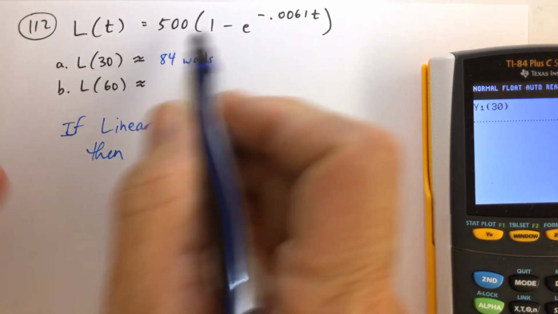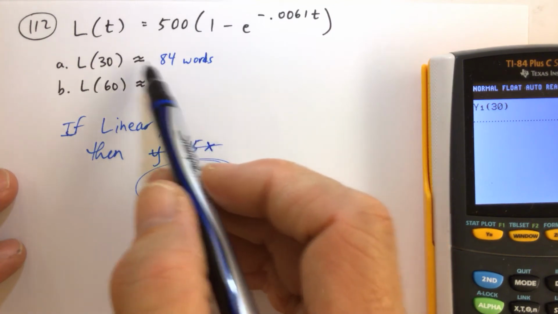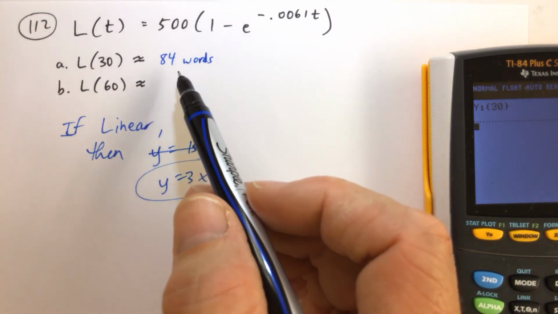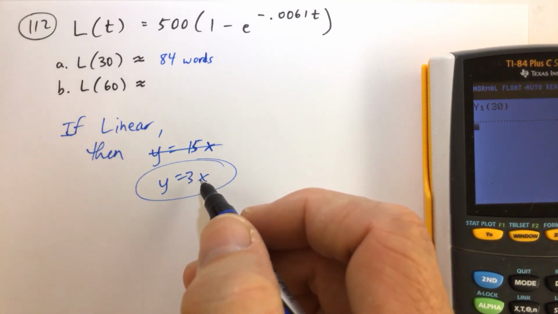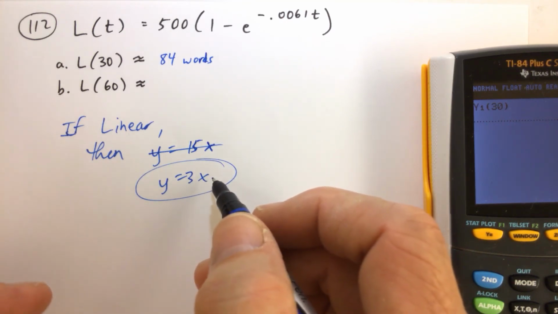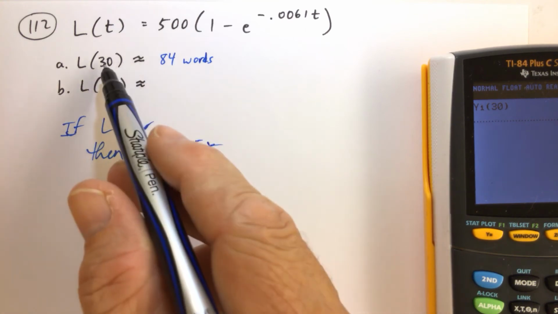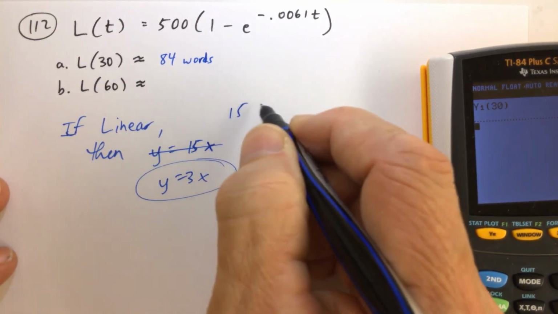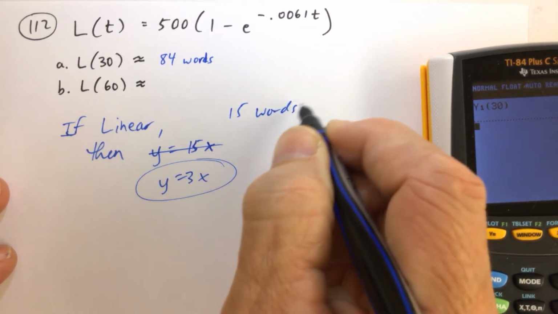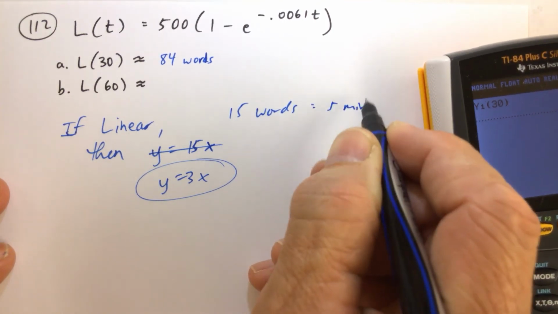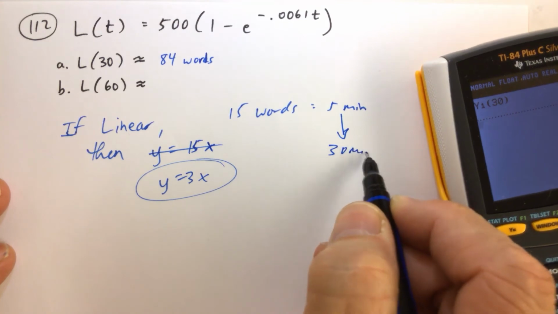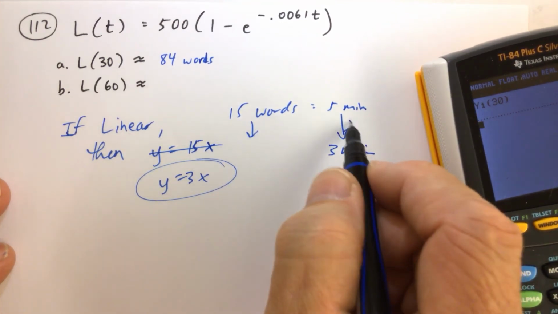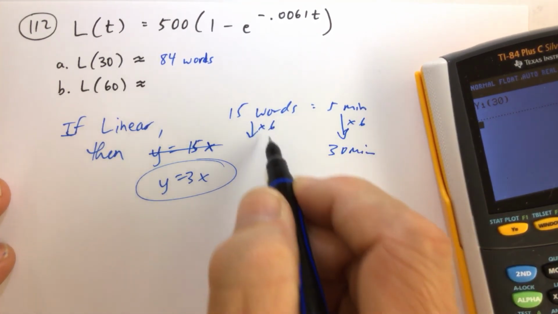It's this equation. We can see that as time goes on, he's not learning words at the same rate as he was initially. He learned 15 words after 5 minutes. If this were linear, then increasing 5 minutes to 30 minutes, you multiply by 6, so you would multiply the 15 words by 6 and get 90.